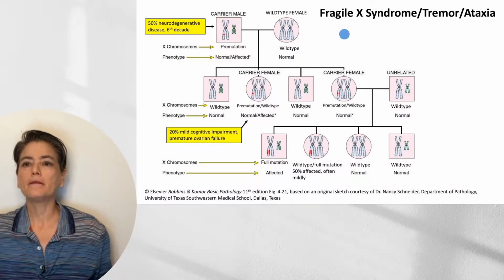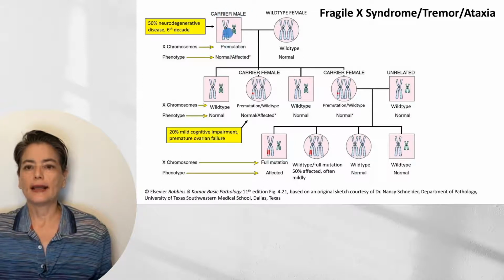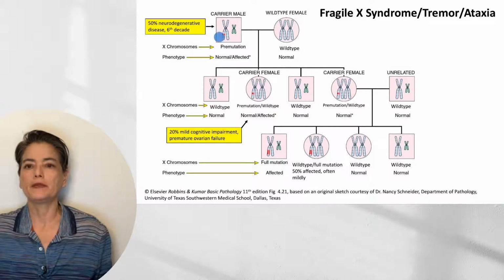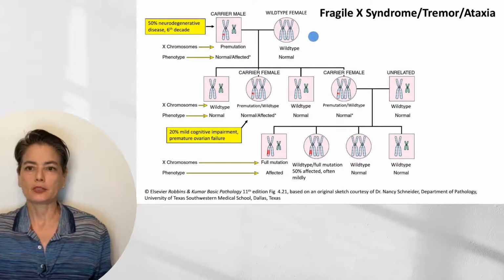You can see here we have a couple of different examples. So we have our carrier male. He's got an X chromosome here. You can see this little red area is the expanded area, so less than 200 repeats. Here is his wild type Y chromosome, and here's our wild type female with 2 wild type X chromosomes.